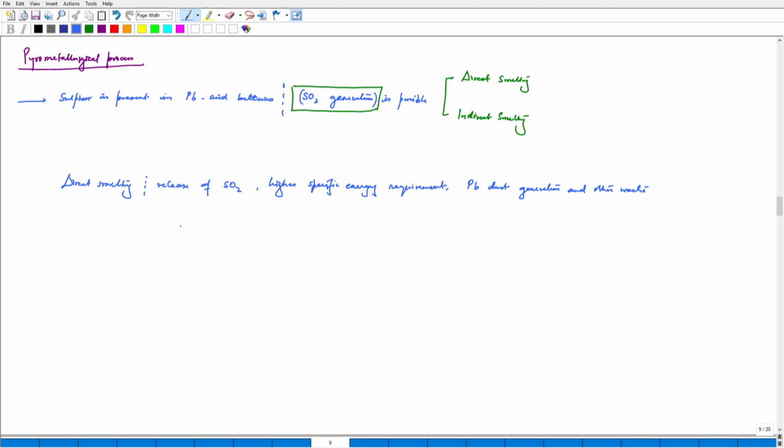The other indirect method would be indirect smelting. So indirect smelting would mean what? It means PbSO4 gets converted to PbCO3, and this is done by using a carbonate solution.